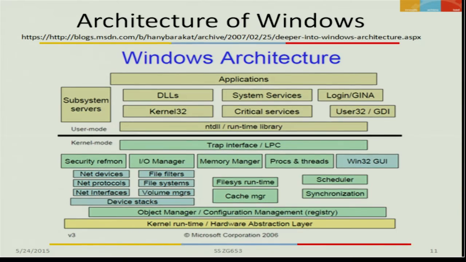Then there are GUI components. There are kernel 32, there are different system services, and so on. They have used different color codes to indicate different types of modules. You can also use that as long as you explain what those color codings mean.